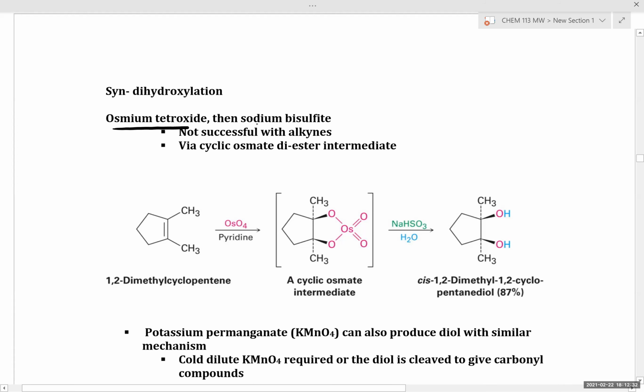Osmium tetroxide followed by sodium bisulfite allows us to convert an alkene into a diol. What's important to note is in the first step, when you treat your alkene with osmium tetroxide, the intermediate formed is actually an osmate ester.